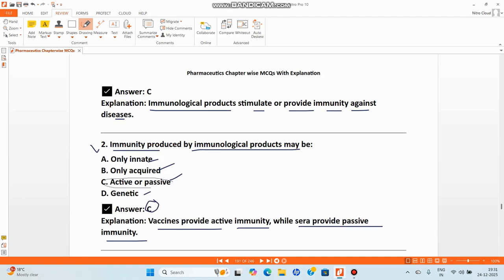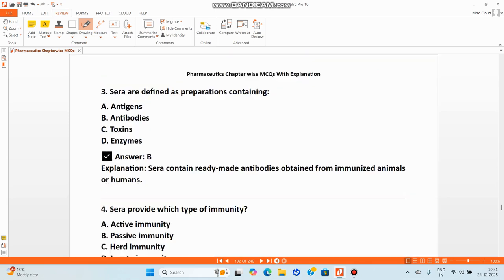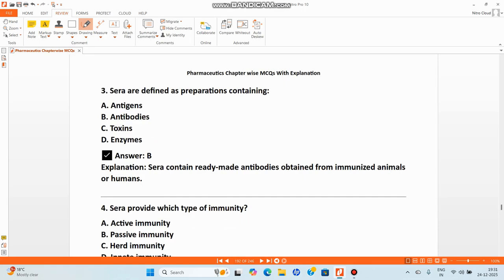So where do we get active? We get active from vaccines, and where do we get passive? We get passive from sera. So next, sera are defined as preparations containing antigen, antibody, toxin, or enzyme. So sera contain ready-made antibodies obtained from an immunized animal or human. So the answer will be B. It contains antibody. Okay, ready-made antibodies.